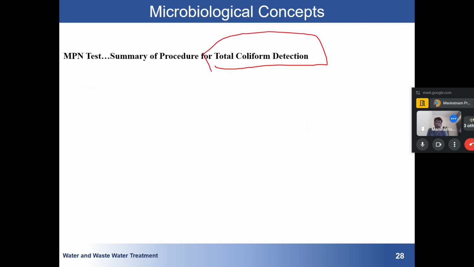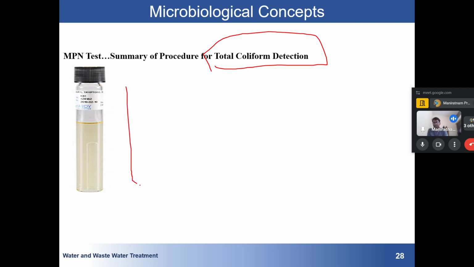In total coliform detection, this is an MPN tube. In many labs you must have seen a simple test tube with a cotton plug attached at the top, containing some kind of chemical.